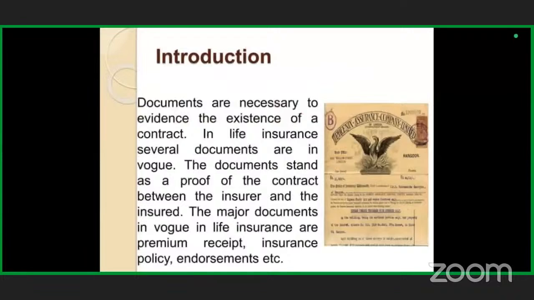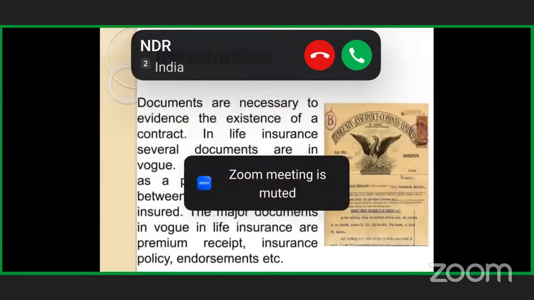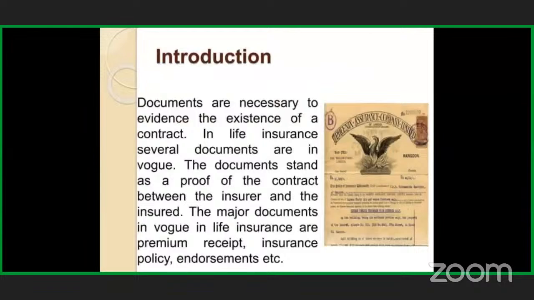Then coming to the introduction related to documents. Documents are necessary to evidence the existence of a contract. Whenever you are entering into a contract with the insurance company, there is a requirement of evidence for that contract. Several documents are in vogue.